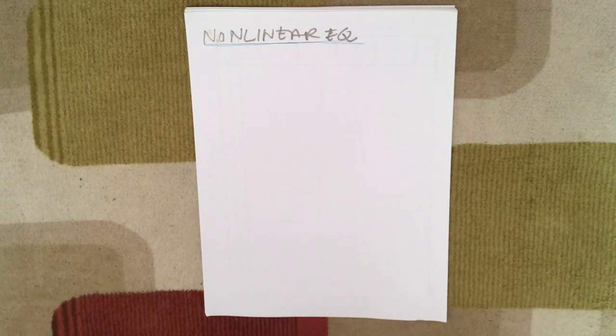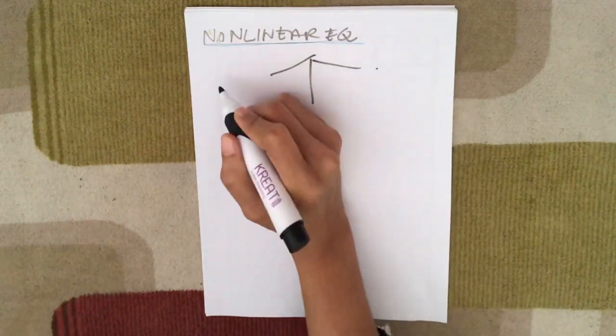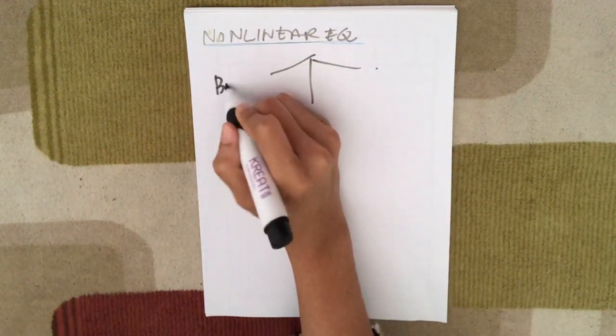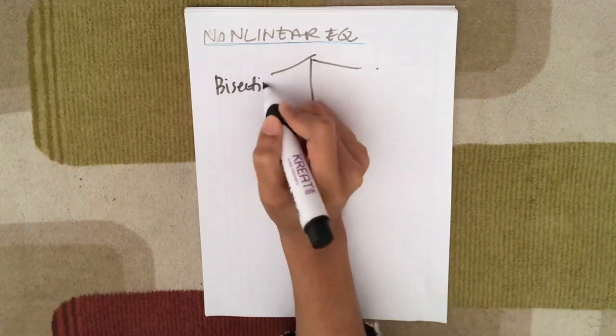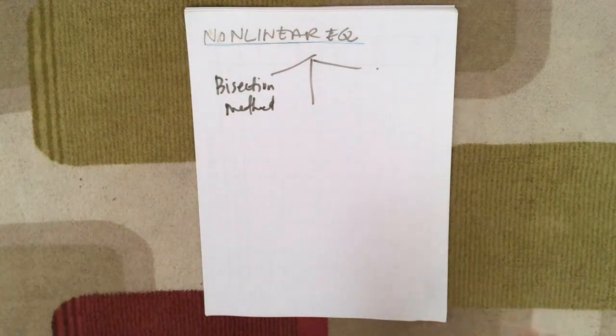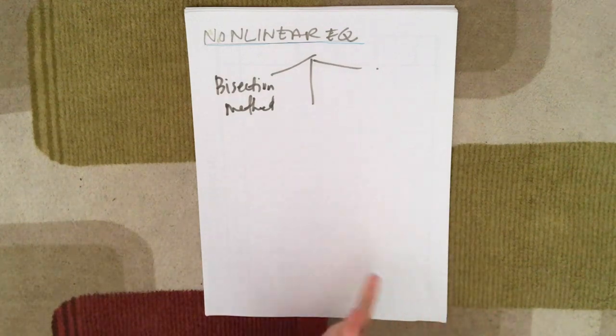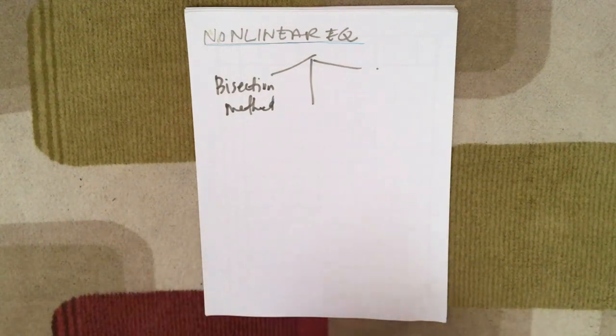For the non-linear equation, basically there are 3 methods. The first one we call bisection method. If you feel that my video is not complete, you can refer to the slide.